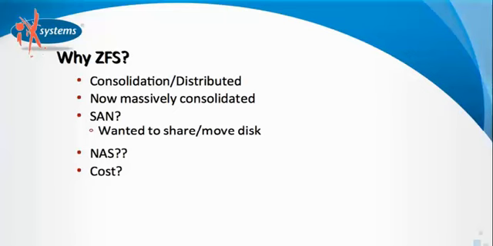So NAS has become that more readily available device where I can share files between different systems, but I also have to be able to do it securely, and I have to be able to guarantee certain service levels per workload in a NAS environment.